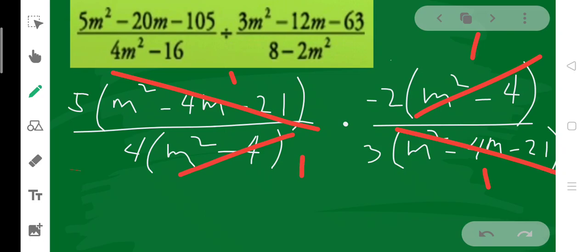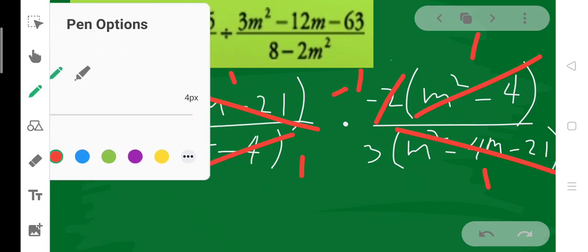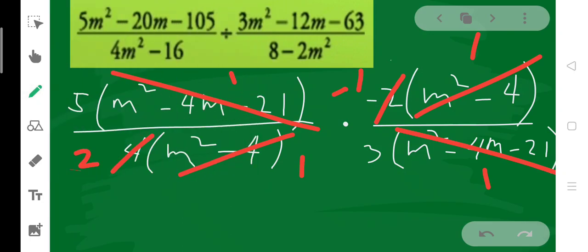Okay. Now for negative 2 and 4, both divisible by 2. So negative 2 divided by positive 2 becomes negative 1. Okay. This one becomes positive 2. Okay. So next, we're going to multiply the terms that remain in the numerator and denominator.